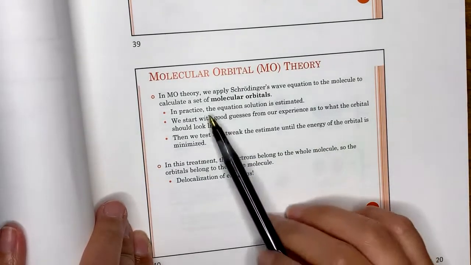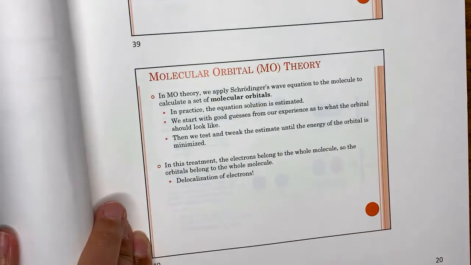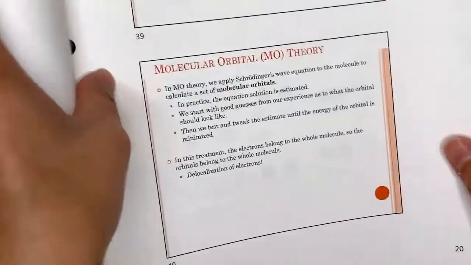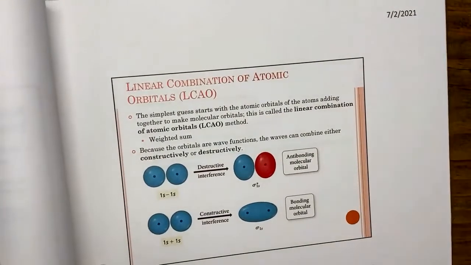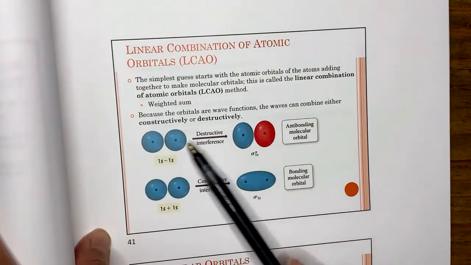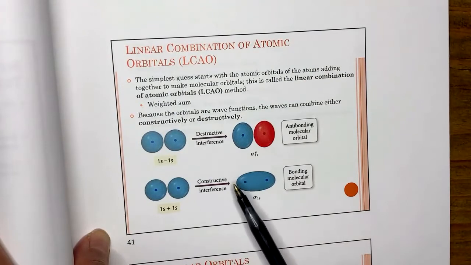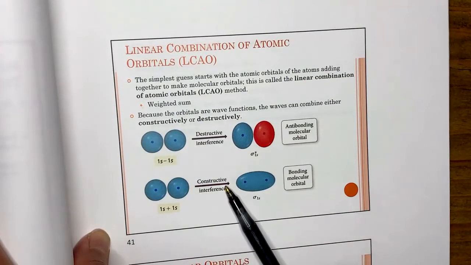Okay, so we want to form molecular orbitals from atomic orbitals. When you look at orbitals, remember we say there's wave and particle duality in nature, right? So we have 2 options. When you put them together like waves, you can have destructive interference, and the other one has constructive interference.